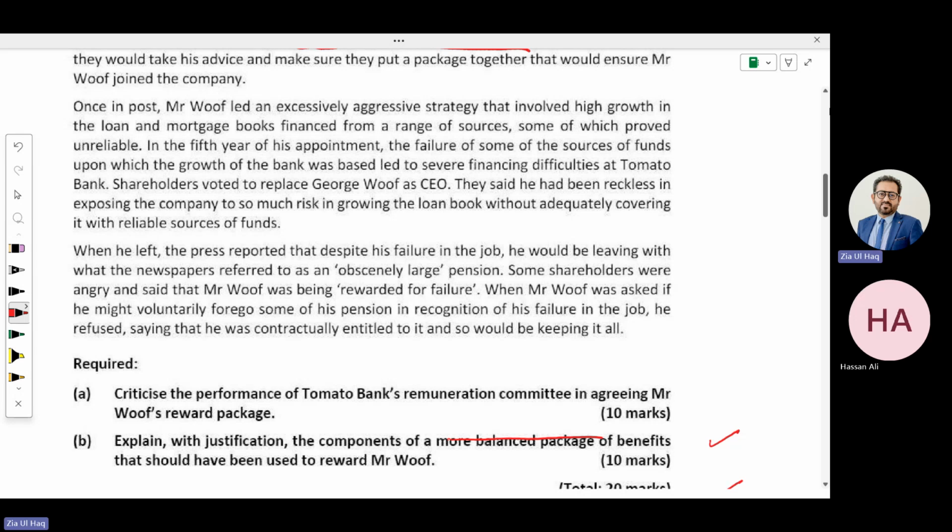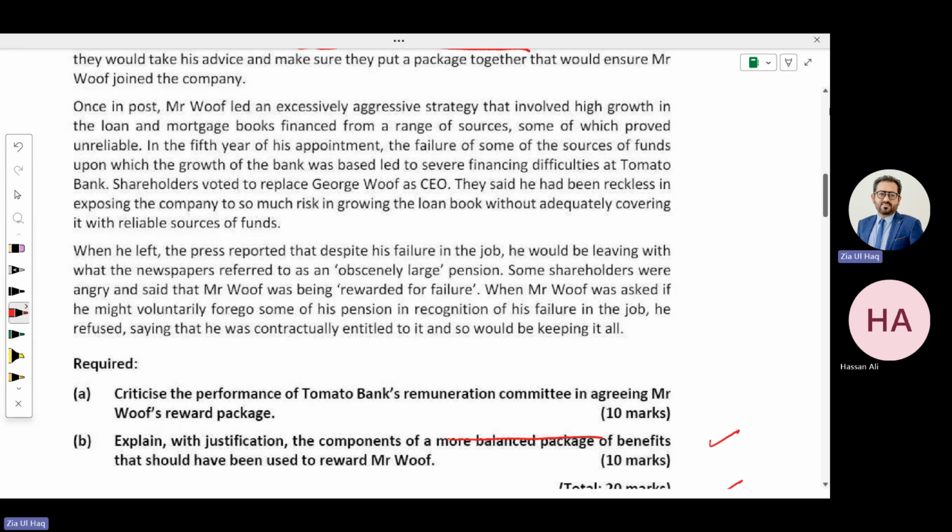When he left, the press reported that despite his failure in the job, he would be leaving with what the newspaper referred to as obscenely large pension. That was based on 2 years. He's leaving after 5 years. He took that pension.